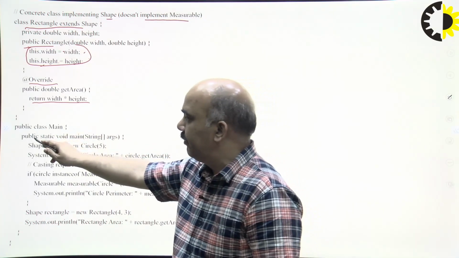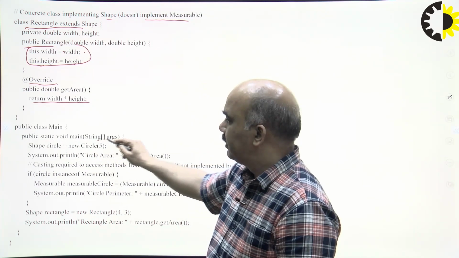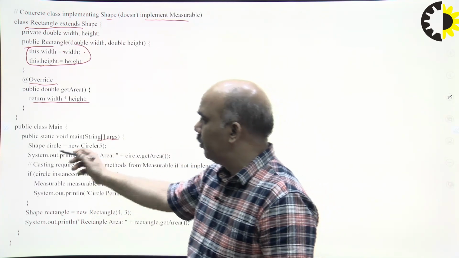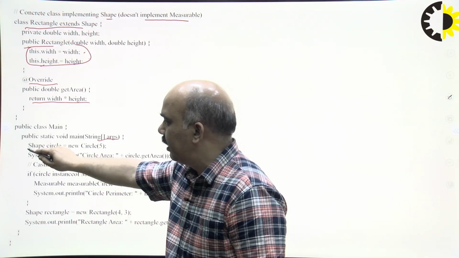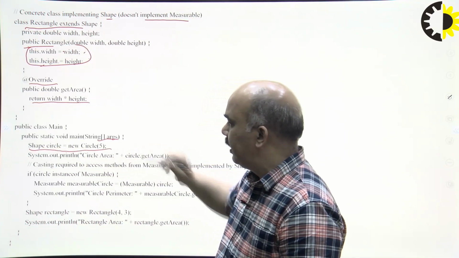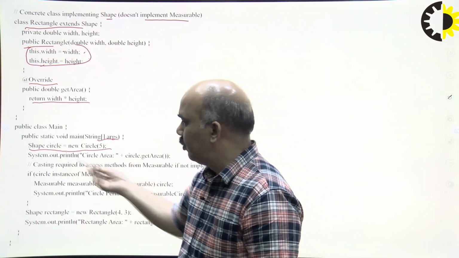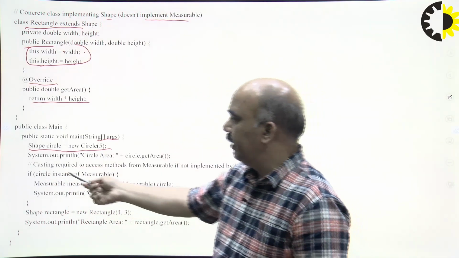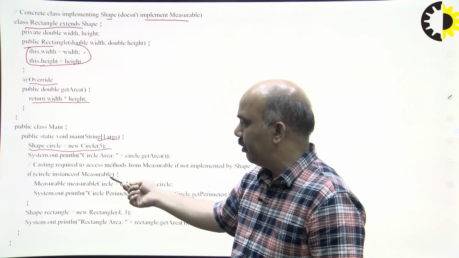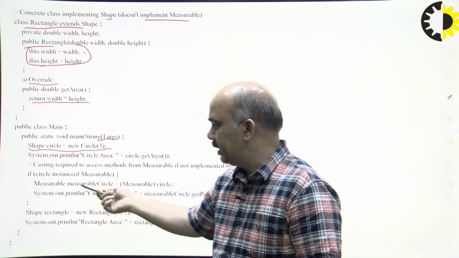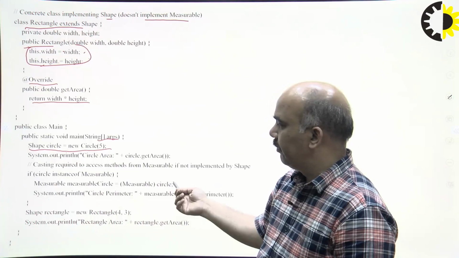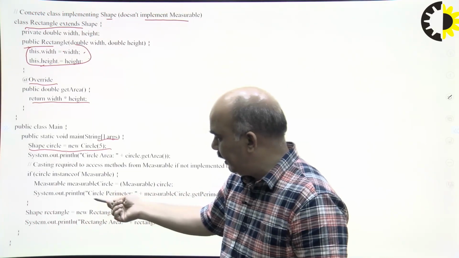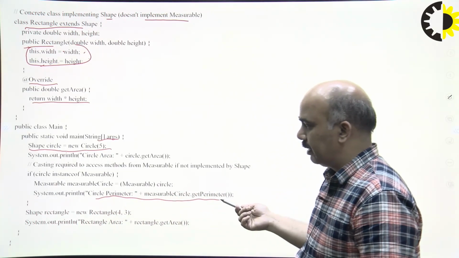So this is the main class in which we define the public class Main. Then we write public static void main(String[] args). Then Shape is equal to, here the instance has been created for the Circle in this case, then we print the circle. Then we check whether the circle is an instance of Measurable or not, and then Measurable circle is equal to the Measurable circle which we define, then it will print the circle parameters in this case.